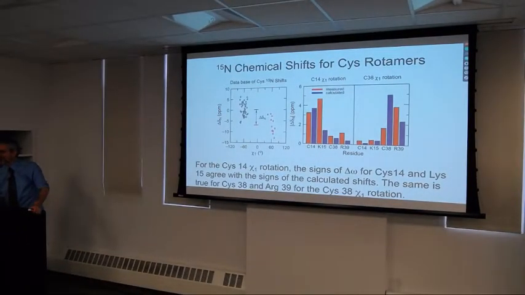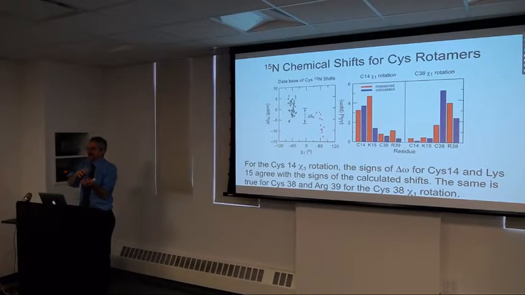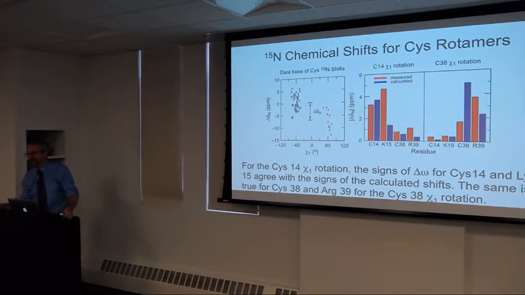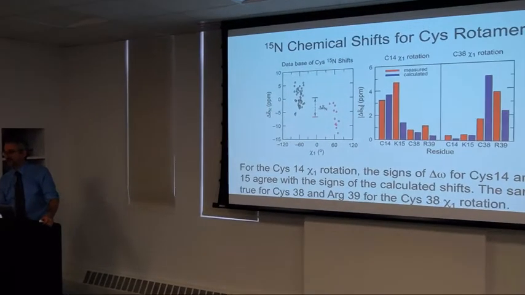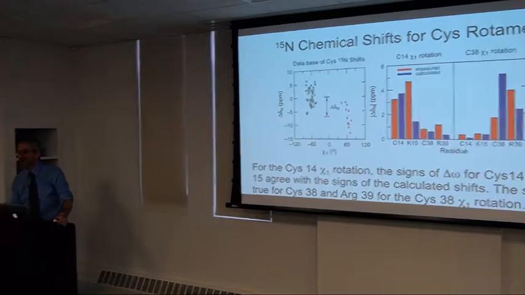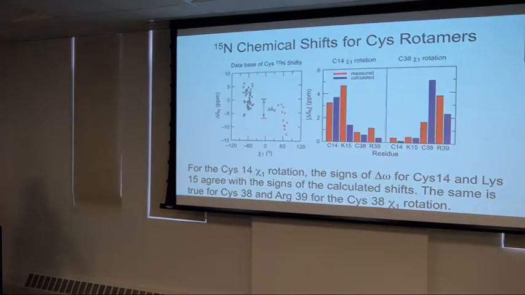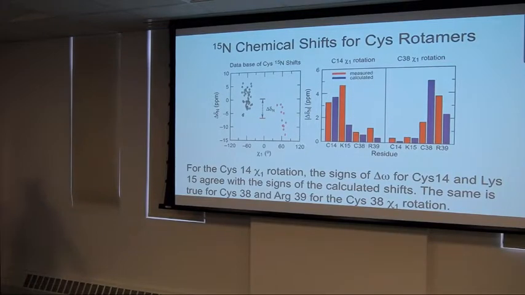So we of course thought we were looking at fluctuations in free BPTI to a minor state that looked like the bound conformation. But then we measured the signs of the chemical shifts, and once we had the signs, the correlation went completely away. So we were looking at something completely different than we thought, and we could never have known that without knowing the signs of the chemical shifts.